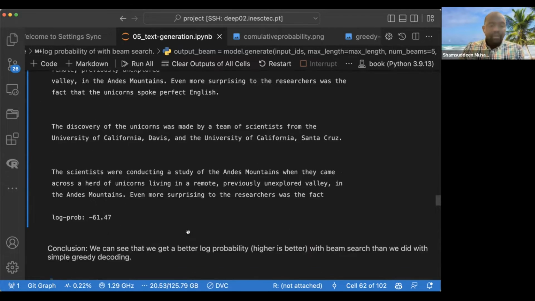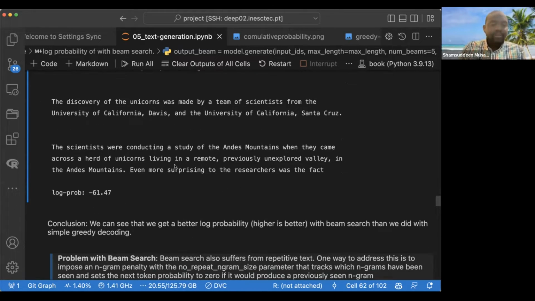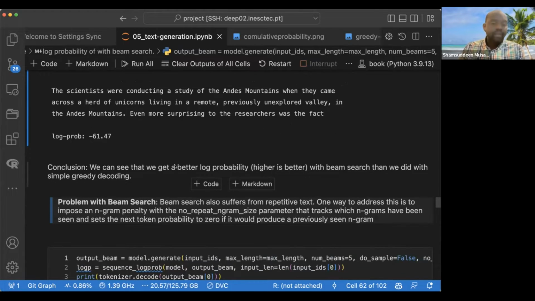Here I can see we don't have this repetition. These things are sometimes stochastic in how they're produced, but what they said in the book is that beam search also suffers from repetitive text, similar to greedy. One way to remedy this issue is to introduce what we call an n-gram penalty.